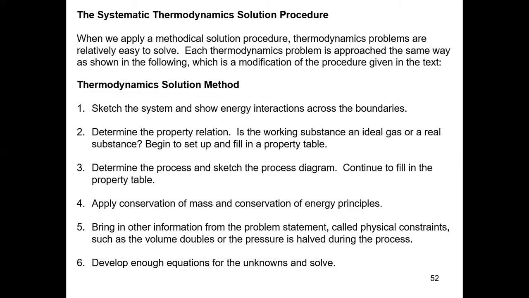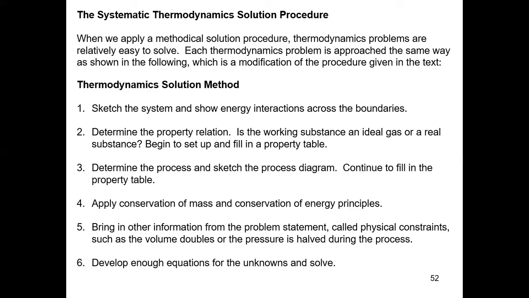When we apply a methodical solution procedure, thermodynamics problems are relatively easy to solve. Each thermodynamics problem is approached the same way as shown in the following, which is a modification of the procedure given in the textbook. Sketch the system, show the energy interactions across the boundaries, determine the property relation: is the working substance an ideal gas or a real gas?